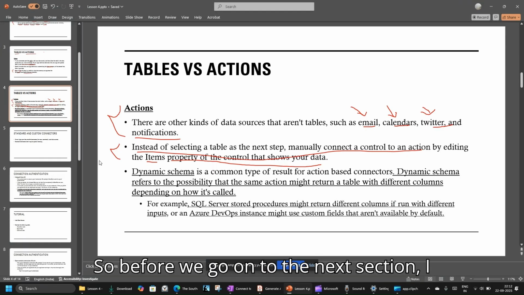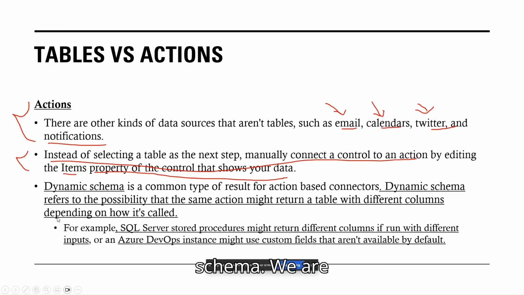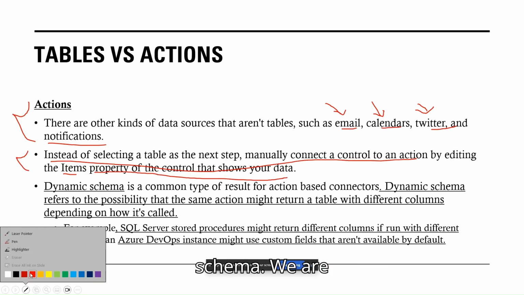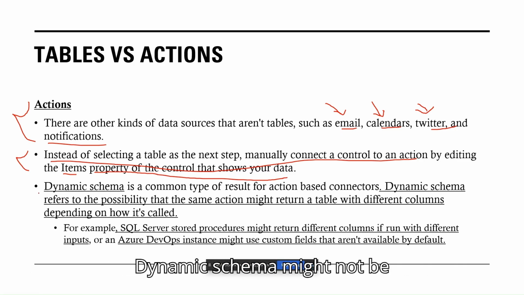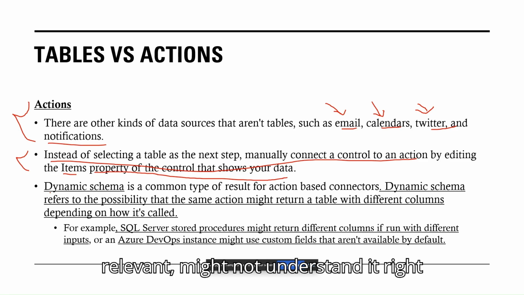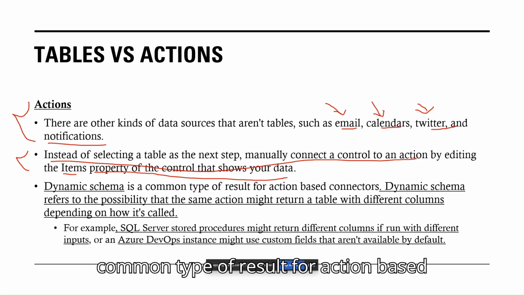Before we go on to the next section, I want to quickly go over dynamic schema. We are actually jumping the gun way too much. Dynamic schema might not be relevant, and you might not understand it right away. But dynamic schema is a common type of result for action based connectors.